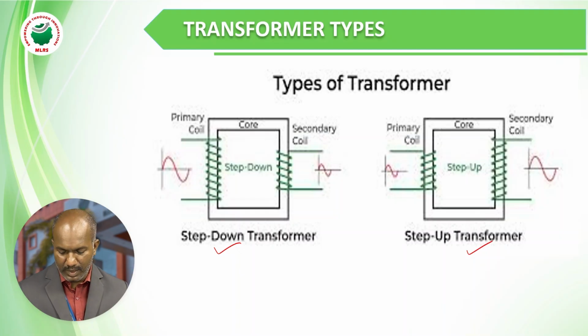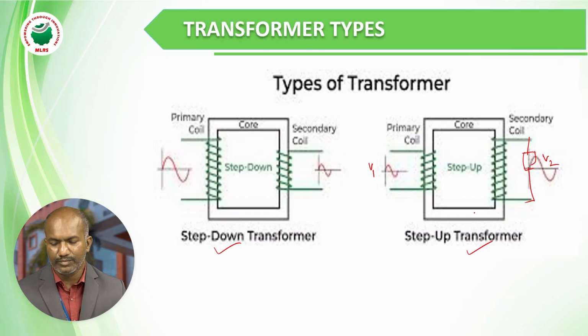Step up: let us suppose V1 is the supply voltage and V2 is the voltage across the load. Let us suppose the secondary is connected to load. V1 is the supply voltage, V2 is the voltage across the load. So V2 is greater than V1.